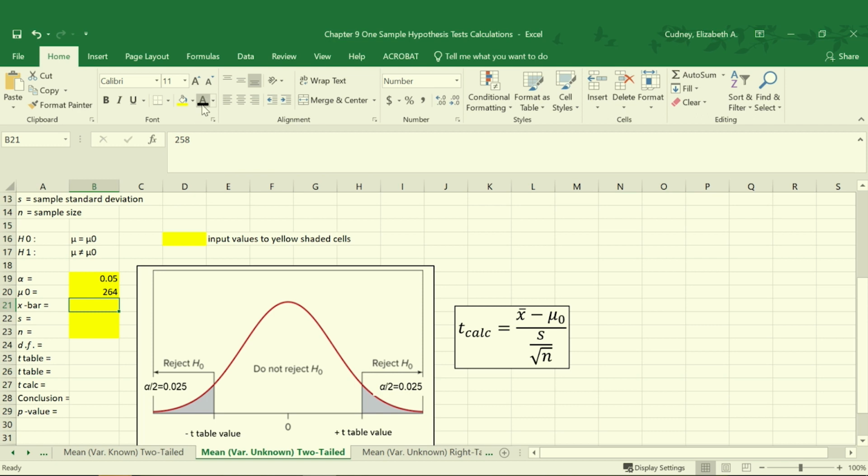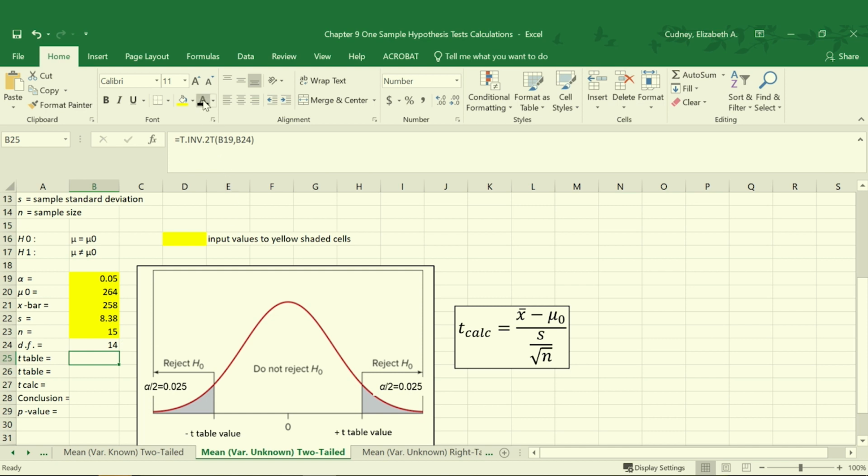Our x bar, which we calculated from our data, is 258. We also know S, our sample standard deviation, is 8.38, and our sample size N was 15. Our degrees of freedom, since we have a sample, is going to be our sample size of 15 minus 1.